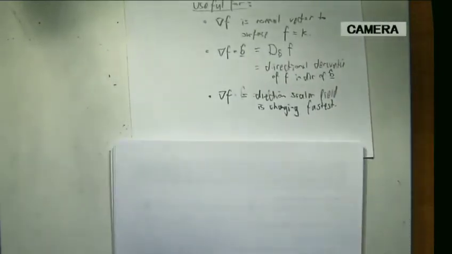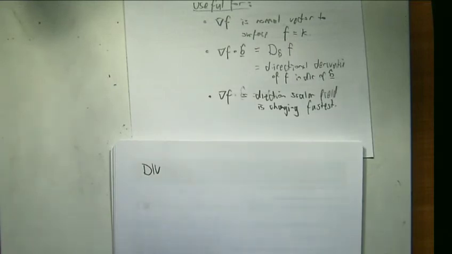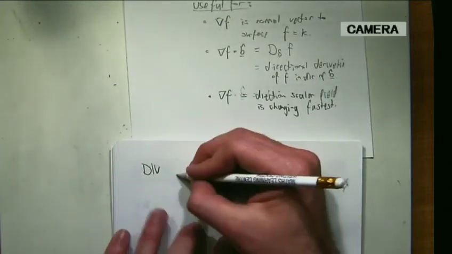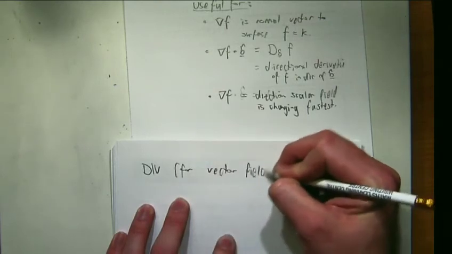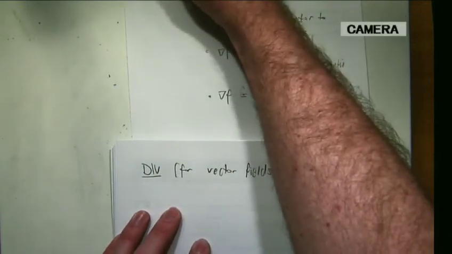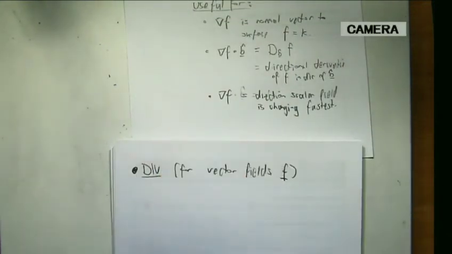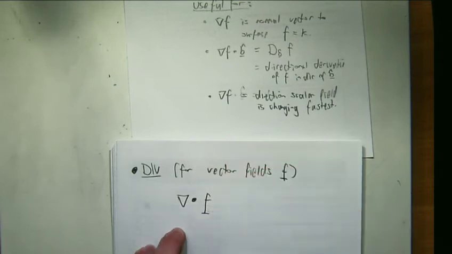And then there was div, which was for vector fields. And div was the divergence, and it was del dot f, like literally.